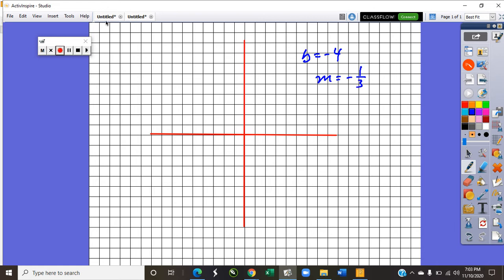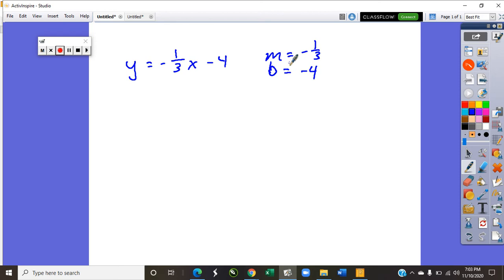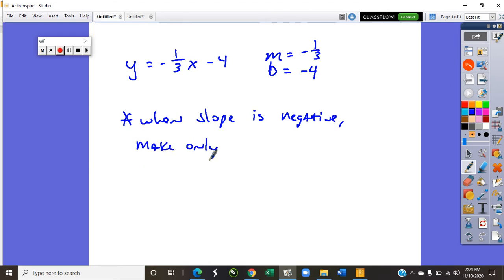Now, let's go back to this. Whenever we graph slope that's negative, okay, and this is important, when slope is negative, make only the top number the negative. Okay.